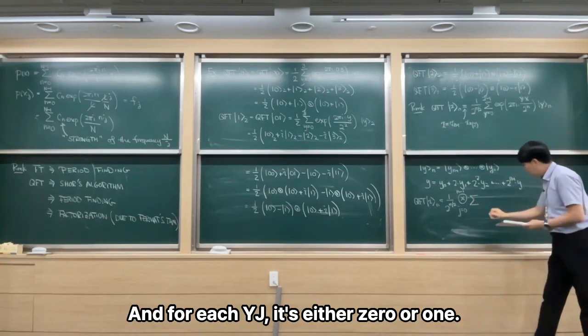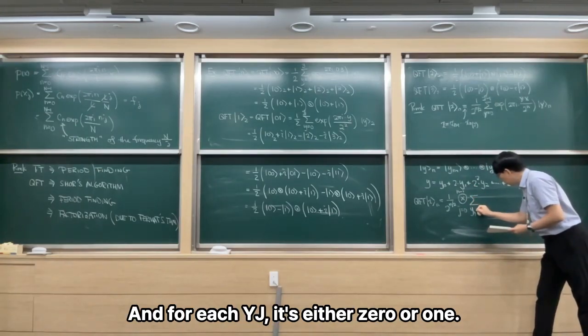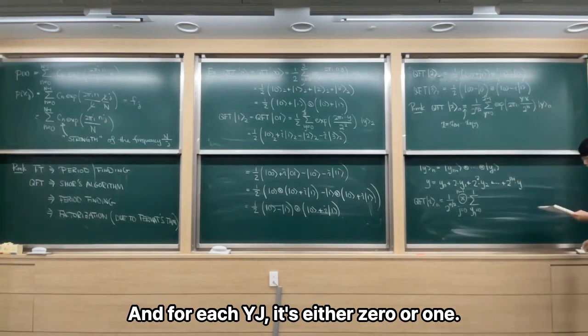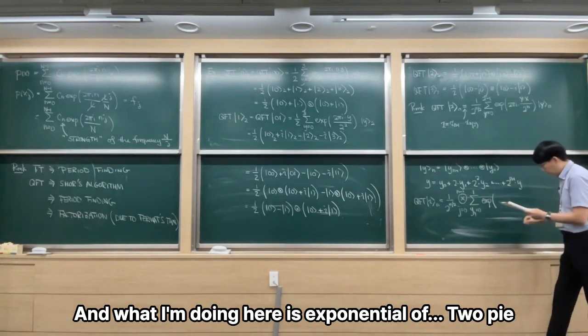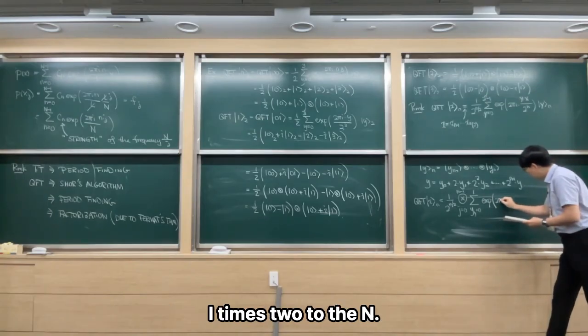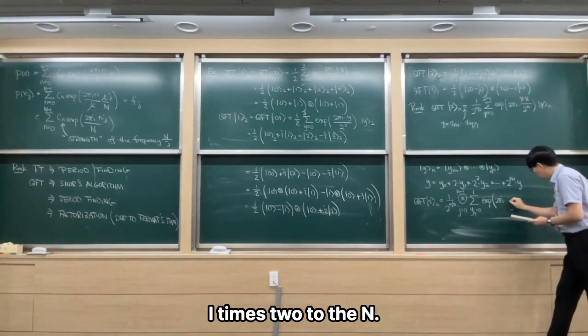And for each y_j, it's either 0 or 1. And what I'm doing here is exponential of 2 pi i times x over 2^n.